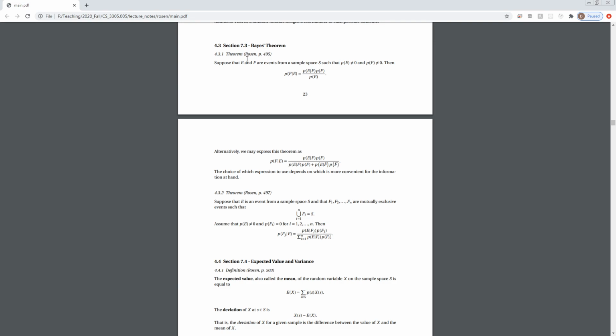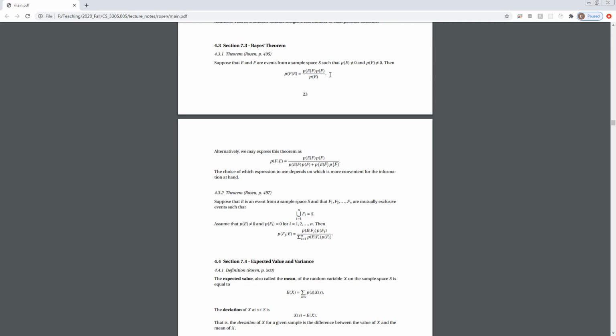If we're given that E happened, and we're measuring a probability given that E did happen, then we want to correct for whatever probability we're testing for, in this case F, by that value that we already know happened. So we want to take that out of the fold, which is why we're dividing here.